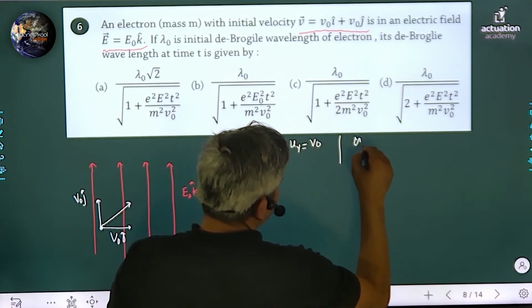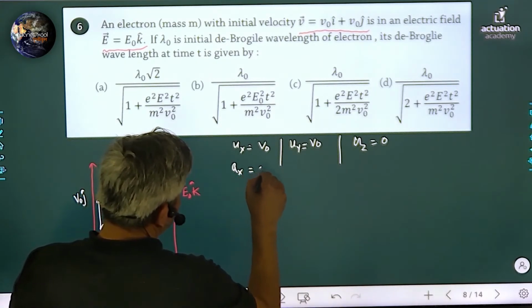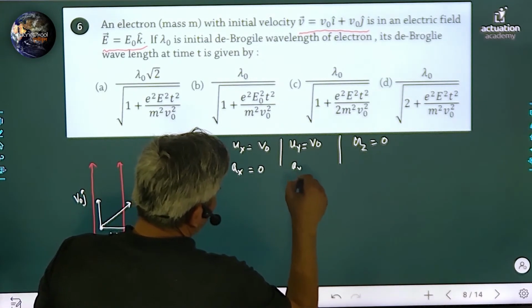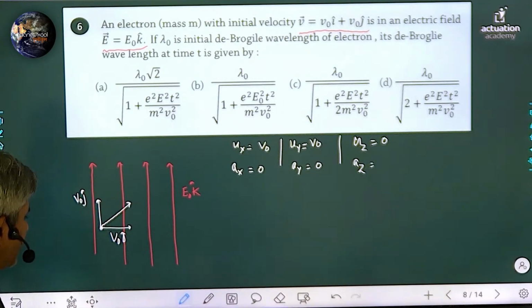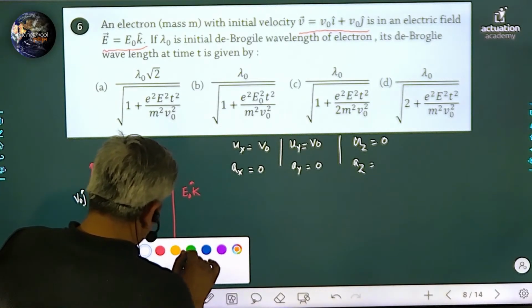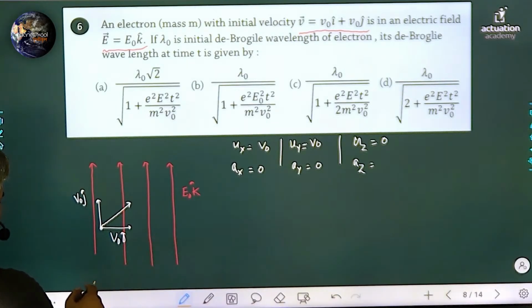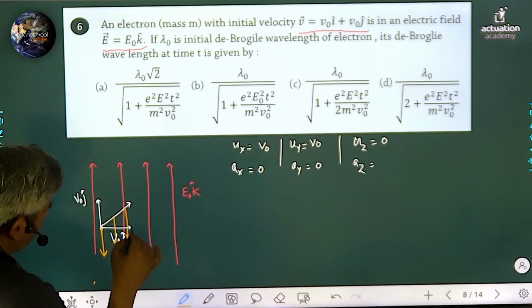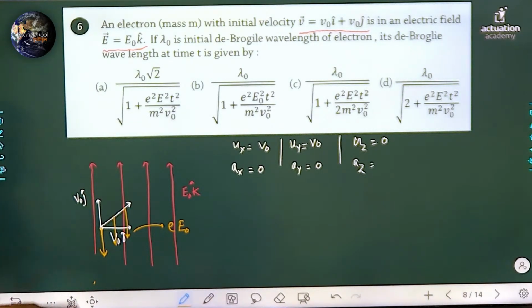In z direction the initial velocity is 0, whereas ax is 0, ay is 0, and az, because the electron is a negatively charged particle, the force on this electron due to this electric field will be in the opposite direction. So the electric field will be continuously acting on this electron in this direction, and this force will be simply the charge on the electron times E naught.